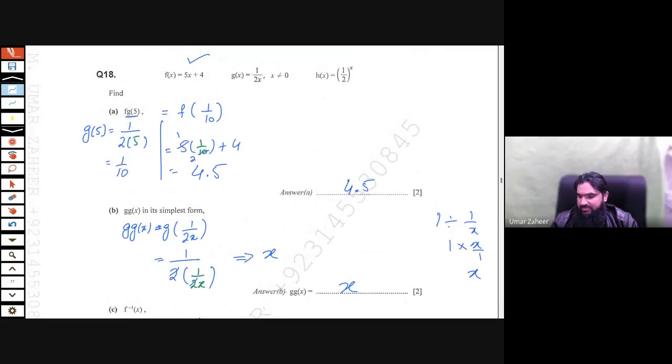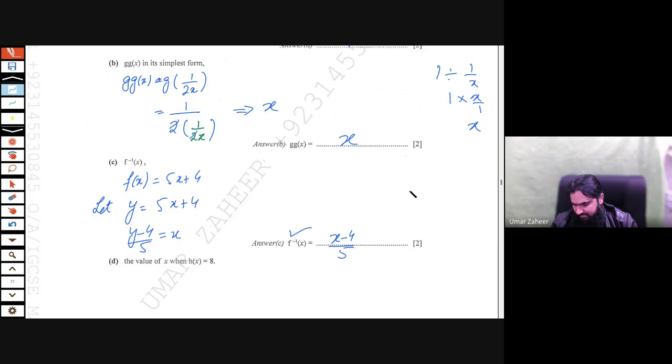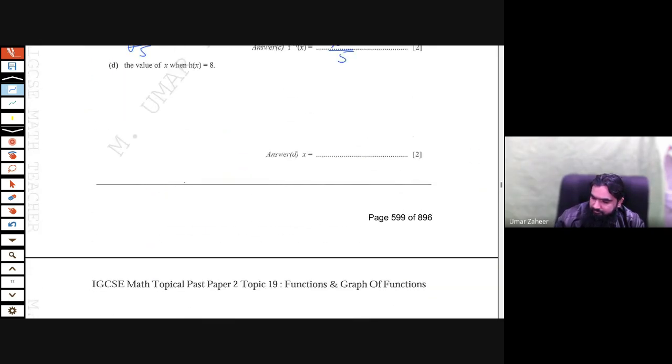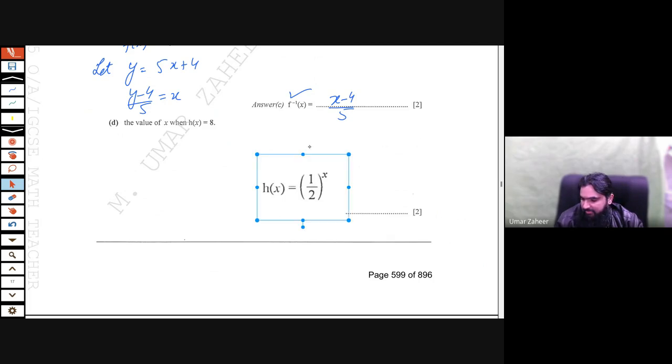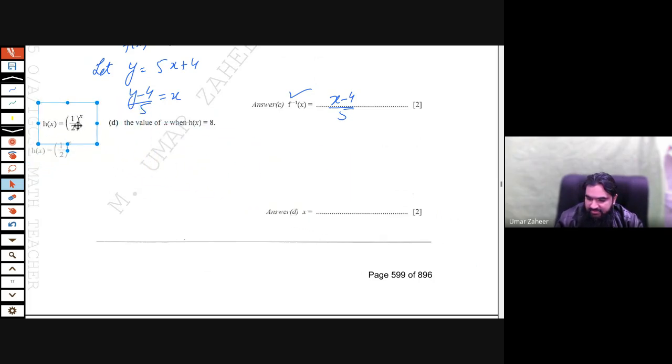Now, the last part of this question is we have to find the value of x when h of x is equal to 8. Take the function down. He says find the value of x when it is equal to 8.